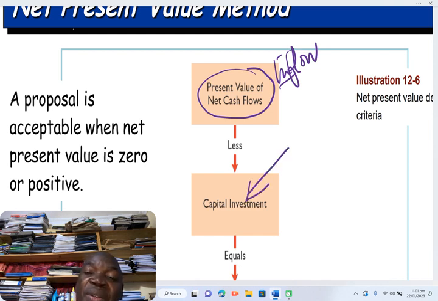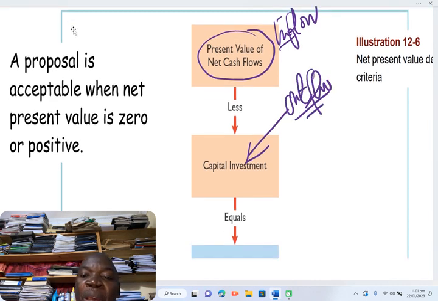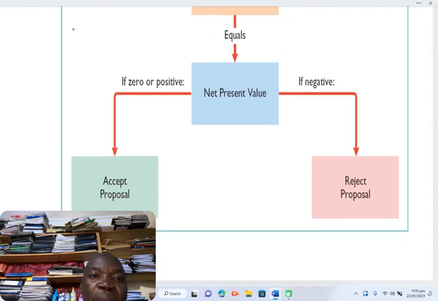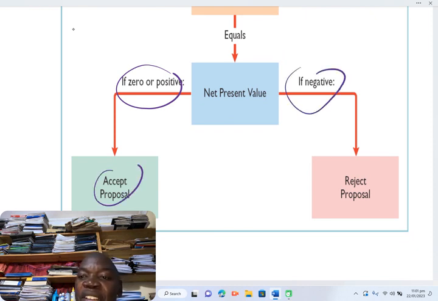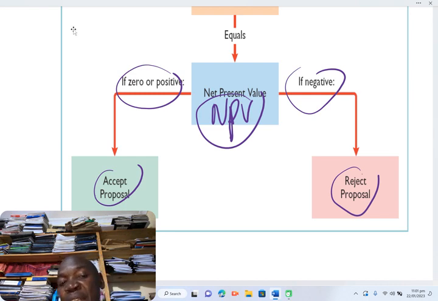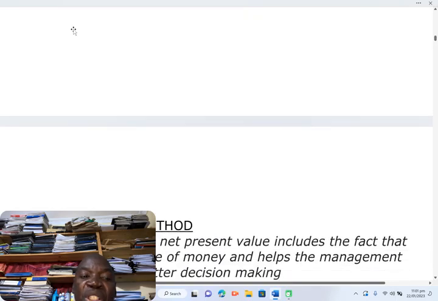This is discounted cash outflow. So you make a decision now. If it is positive, accept. If it is negative, reject the proposal. So this is how it works. NPV becomes a decision tool, whether it is 0 or negative or positive. So you make a decision based on this computation.